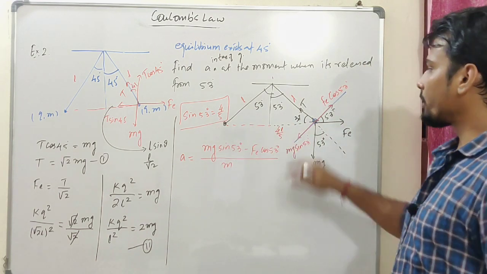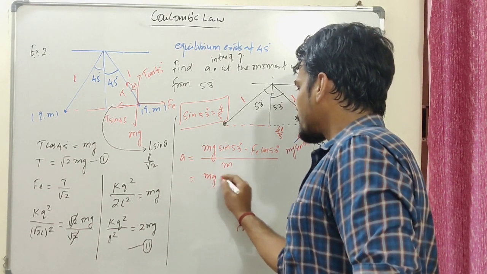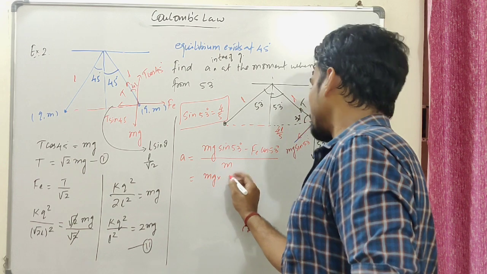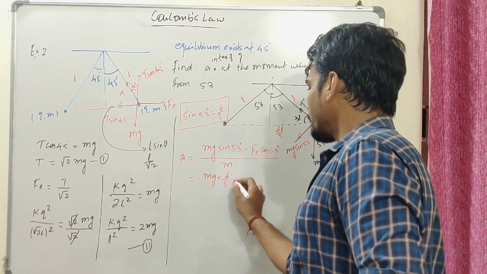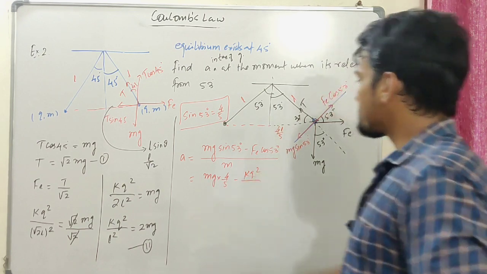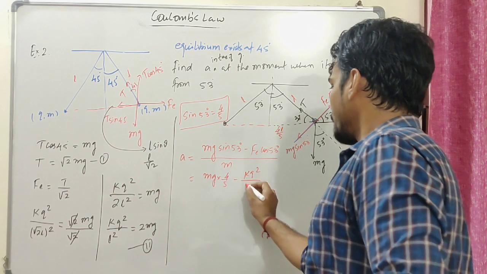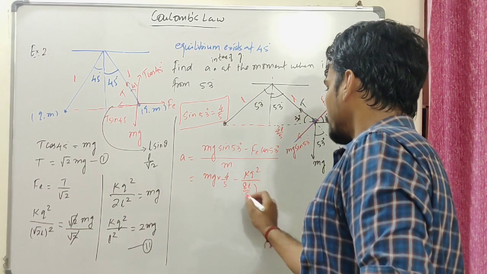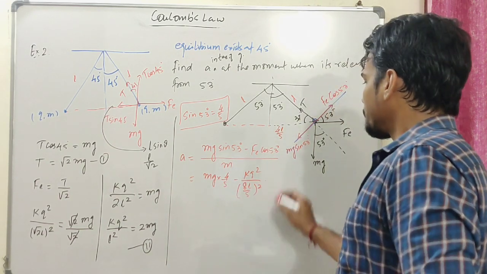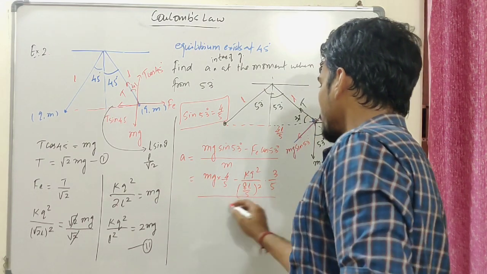So the entire length should be how much? 8L over 5. Okay guys, so I'm going to have mg sine 53 degrees, which is 4 over 5, negative Fe, that should be kq square over (4L over 5 plus 4L over 5, that is 8L over 5) whole square, times cos 53, which is 3 over 5, divided by m.